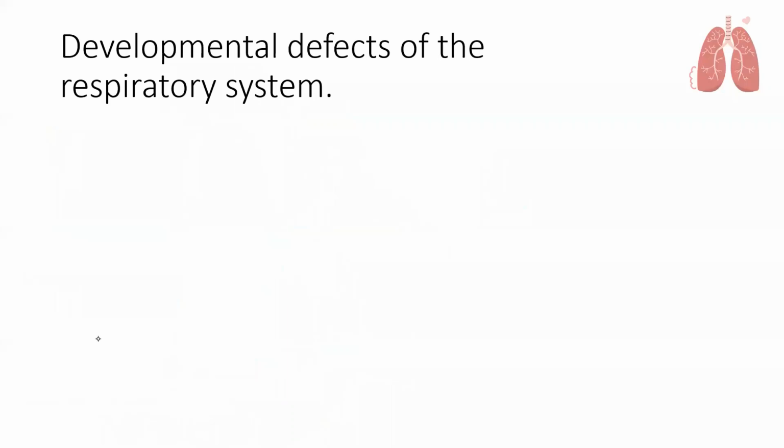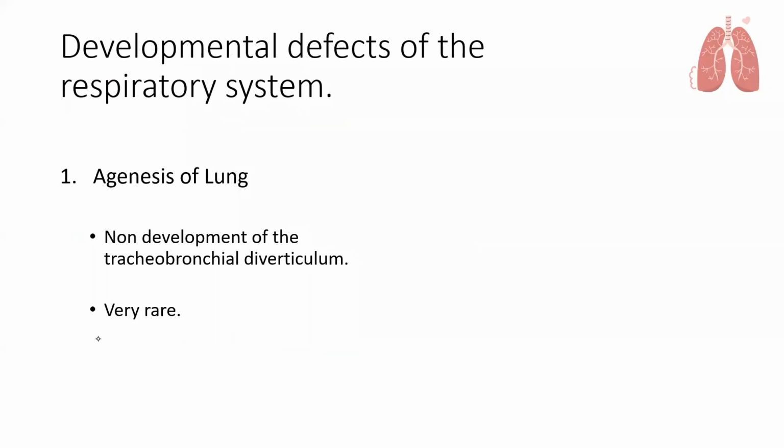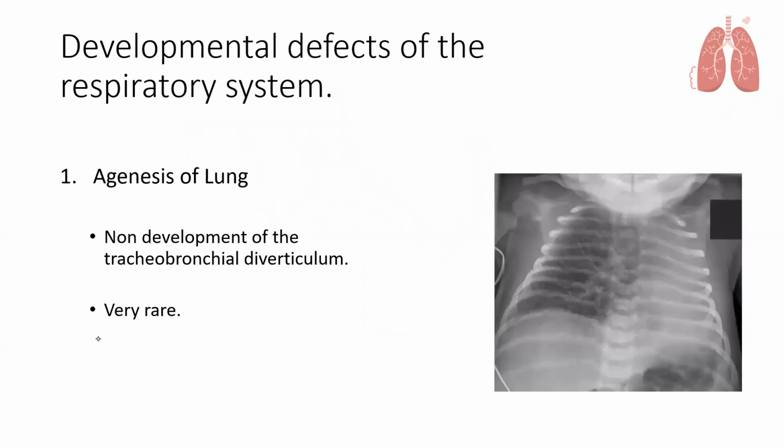So then we will look at developmental defects of the respiratory system. Agenesis of lung is simply non-development of the tracheobronchial diverticulum, and this is very rare. So you will have absence of one lung or a part of the lung, right?